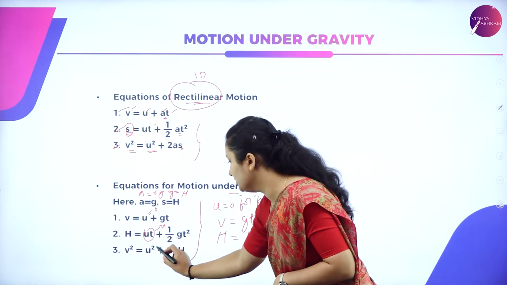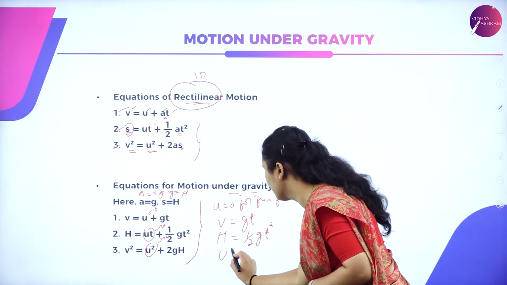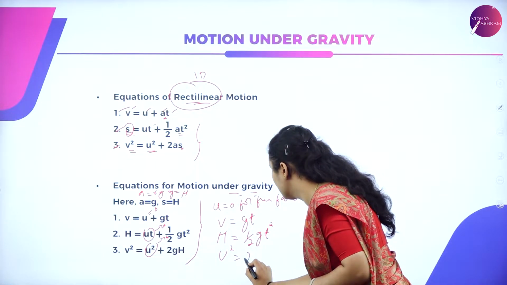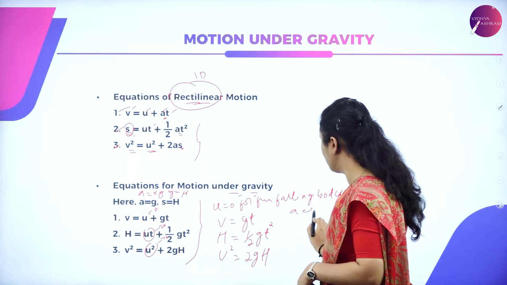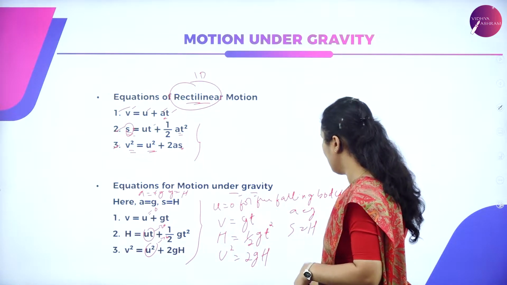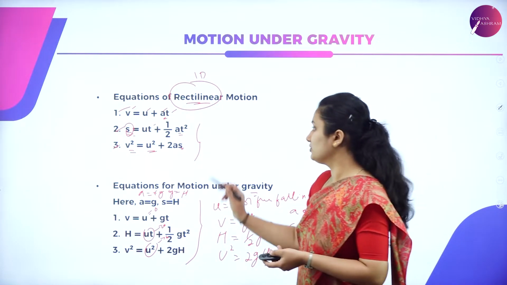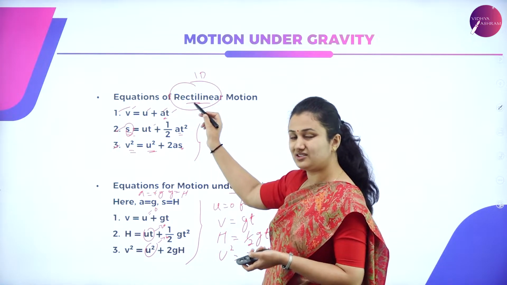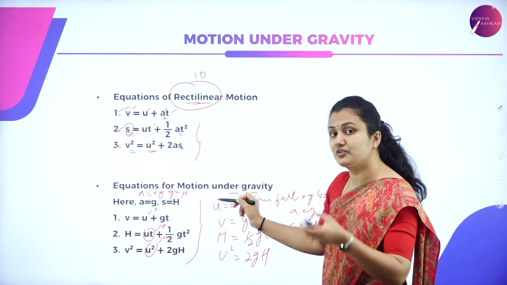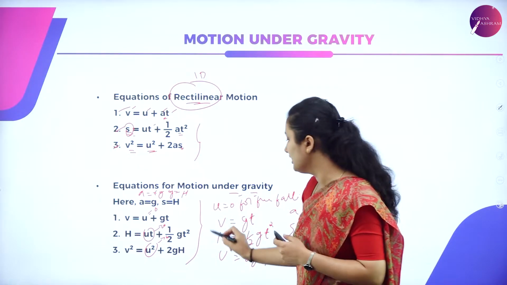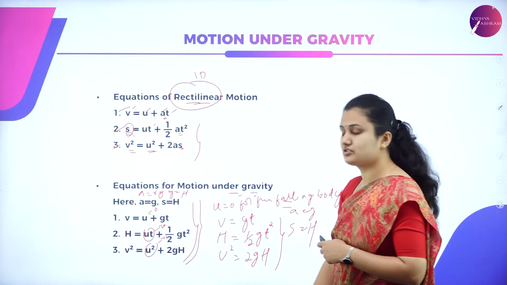Again, v square is equal to u square plus 2gh, where the initial velocity is 0, so v square is equal to 2gh. Here a is replaced by g and s is replaced by h, and u is equal to 0 for a freely falling body. So this is the equation for rectilinear motion, that is for linear motion, and this is the equation for motion under gravity. If they ask you for the equation of motion in terms of gravity, then this is the equation of motion for a freely falling body.